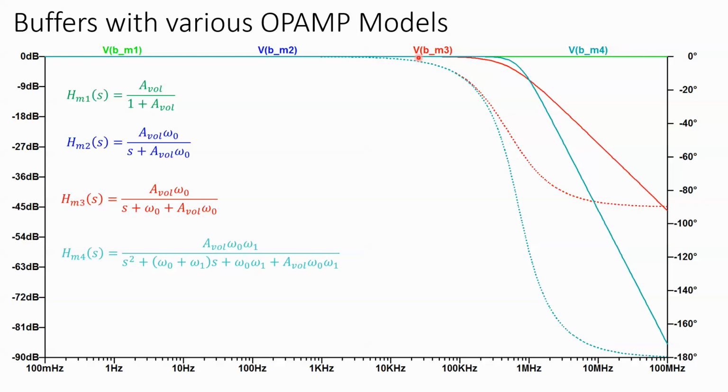And then interestingly enough, for the values I chose, we have a second order, but notice that it goes out a little bit farther before it starts to go down. And of course the slope is twice. This is minus 40 dB. And that's in fact because this has some complex poles and is actually acting like a Butterworth filter, which we'll get into later.